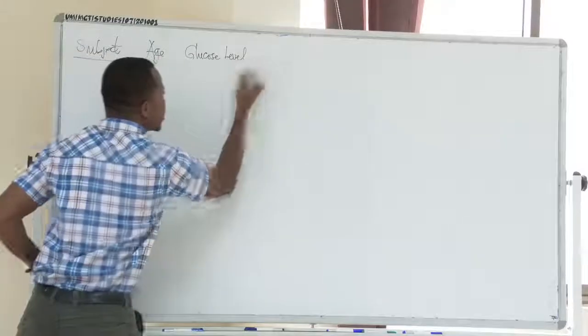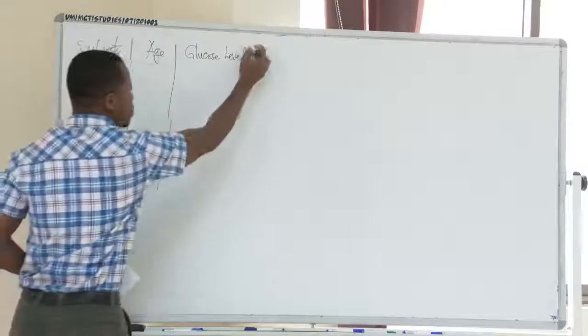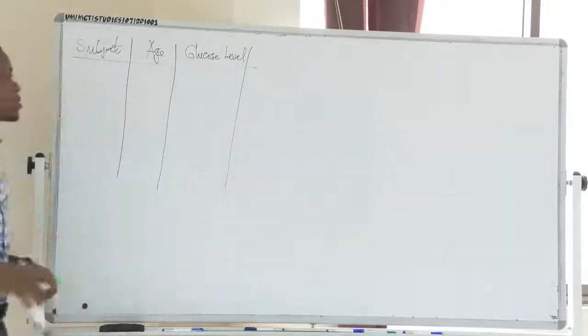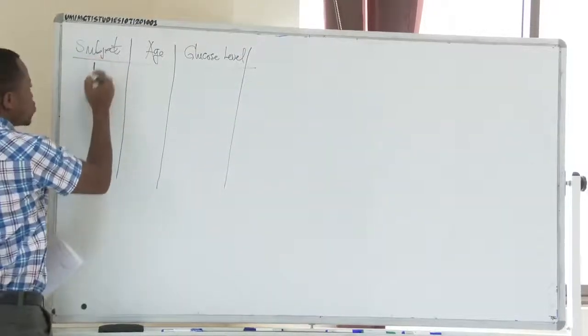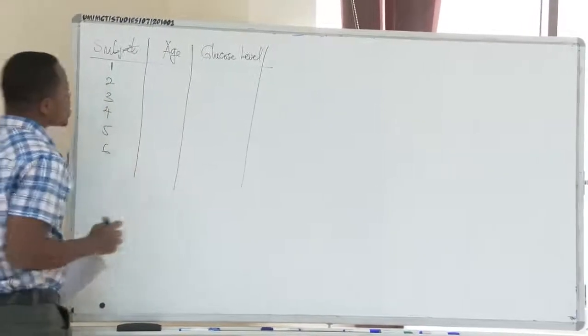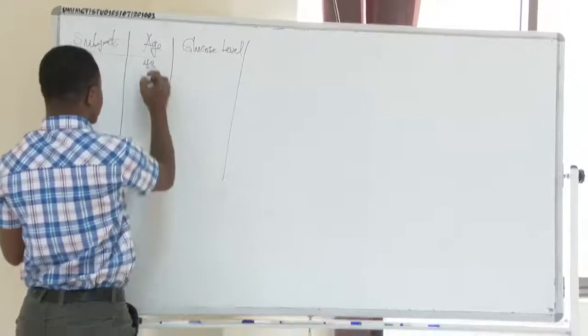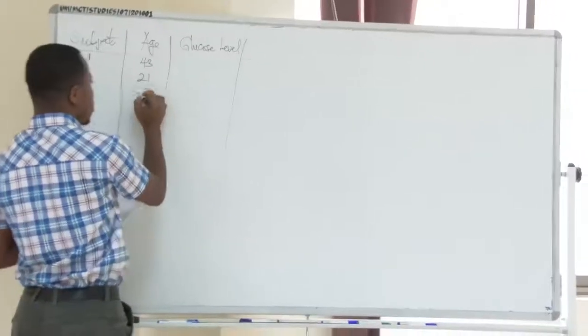So just as I said, we are looking at only 6 patients for now, or we have data regarding 6 patients. So we have subject 1, 2, 3, 4, 5, 6.